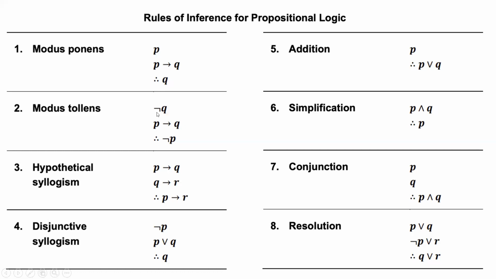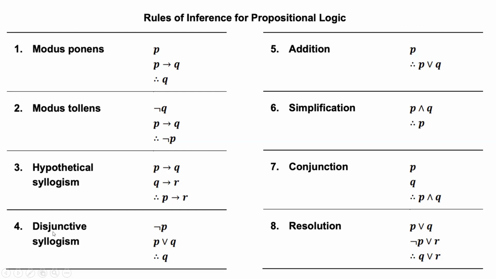Tapos yung nangyari is, I did not stay at home. Therefore, it did not rain. So that's modus tollens. It's the contrapositive. Because tandaan po natin that any implication is logically equivalent to its contrapositive. Yung hypothetical syllogism naman po, if P implies Q, and if Q implies R, it follows that P implies R.